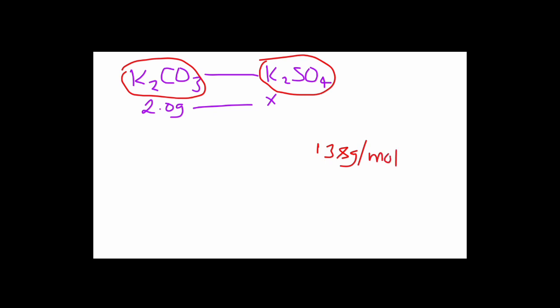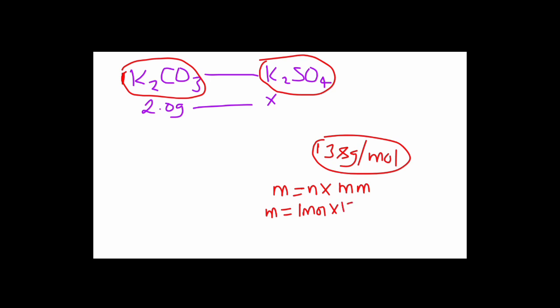Now, we are going to convert this to mass by saying mass equals number of moles times molar mass. Here, when we balanced, we didn't put any number as a coefficient in that equation, meaning we just have one mole. So we are going to say 1 mole times the molar mass, which is 138 grams per mole.